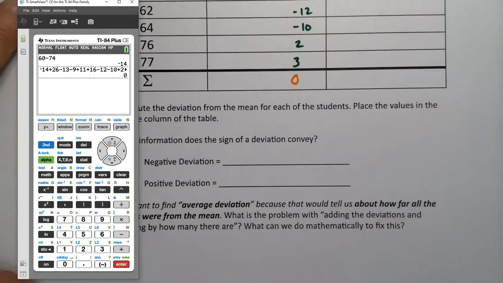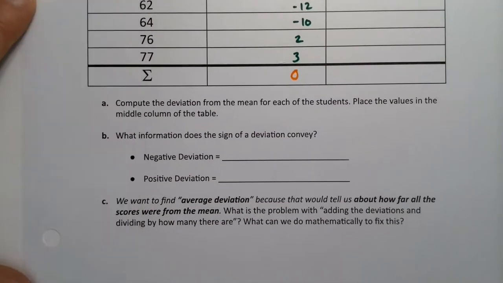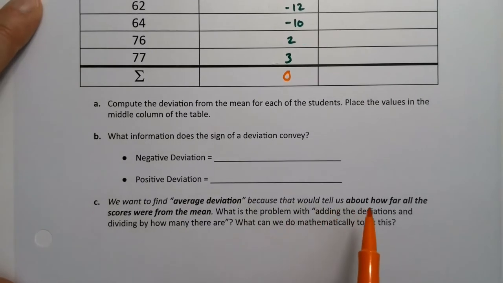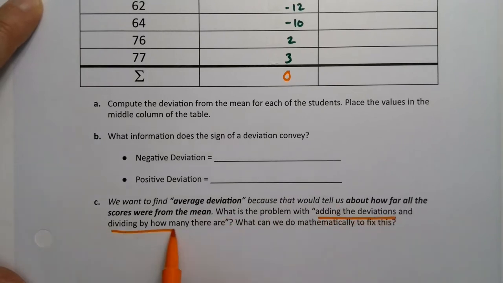And that's actually talked about right down here. So let's go look at it. We want to find the average deviation, because we want to know how far all these data points are from the mean. So why not just add the deviations and divide? Well, because when we add the deviations, it will always be 0.